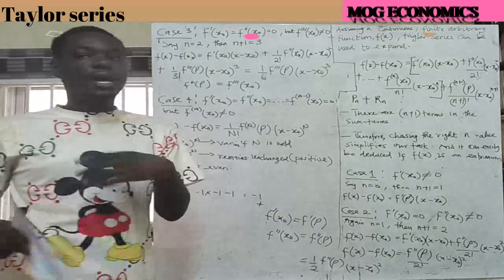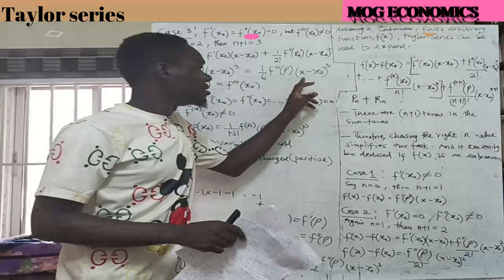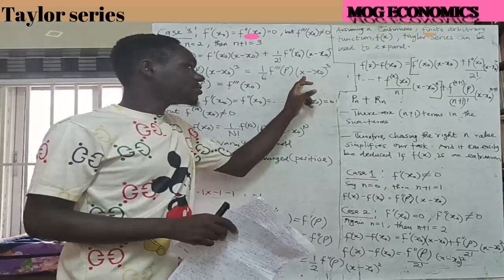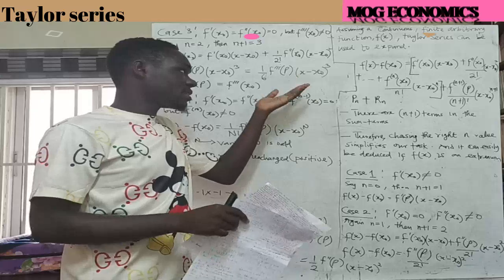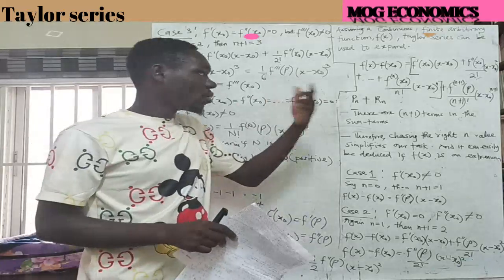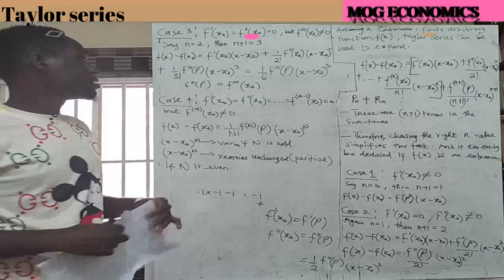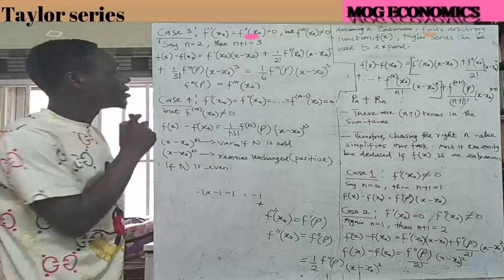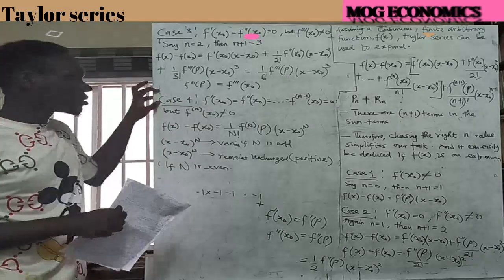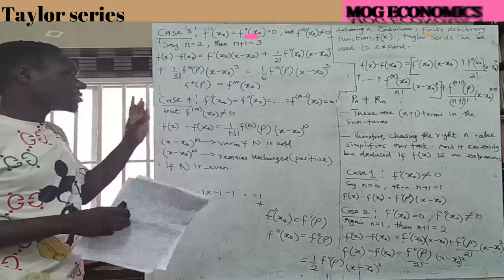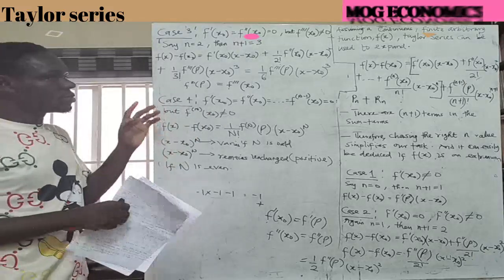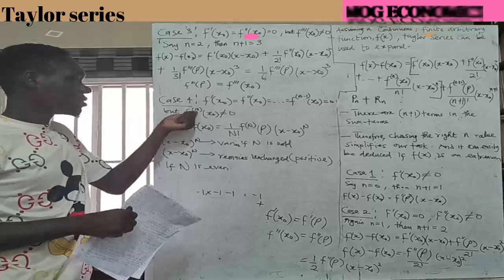So if moving either to the left or to the right, the result of this is negative or positive, we can decide if it's a minimum or maximum, just like we have done for the previous cases.